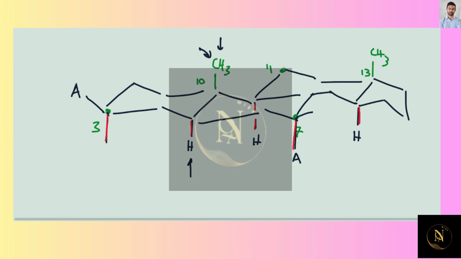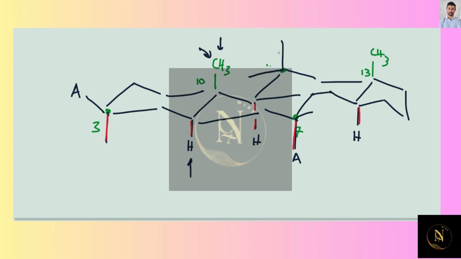So on C11, an axial substituent would be straight up, and an equatorial would be down. I'm not drawing the angle quite right.